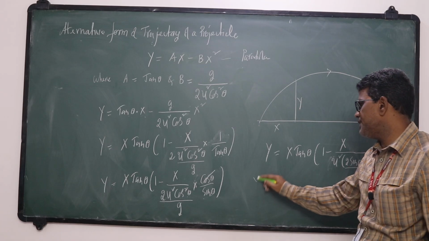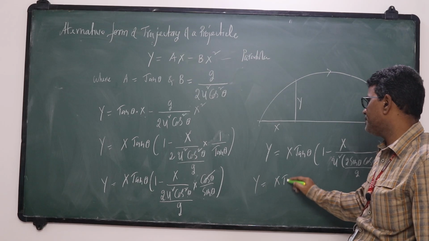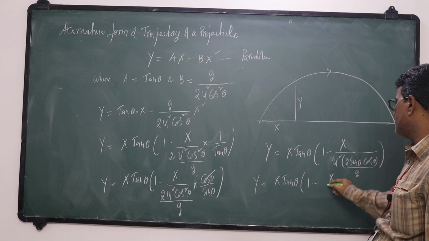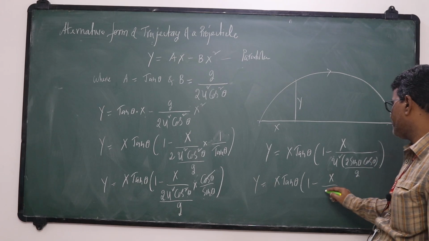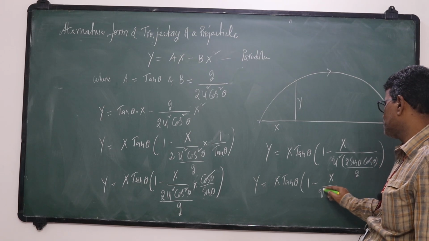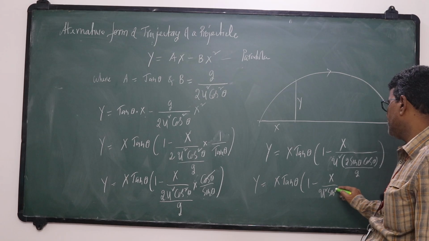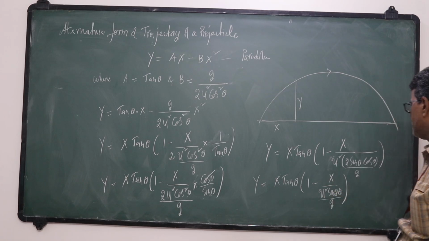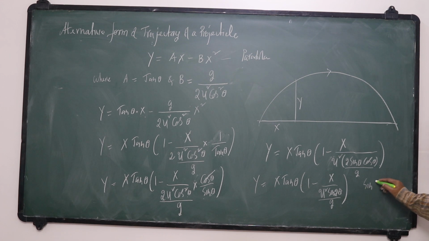That is, y is equal to x tan theta of 1 minus x by, this can be written as range, that is u square sin 2 theta by g, since sin 2 theta is 2 sin theta cos theta.